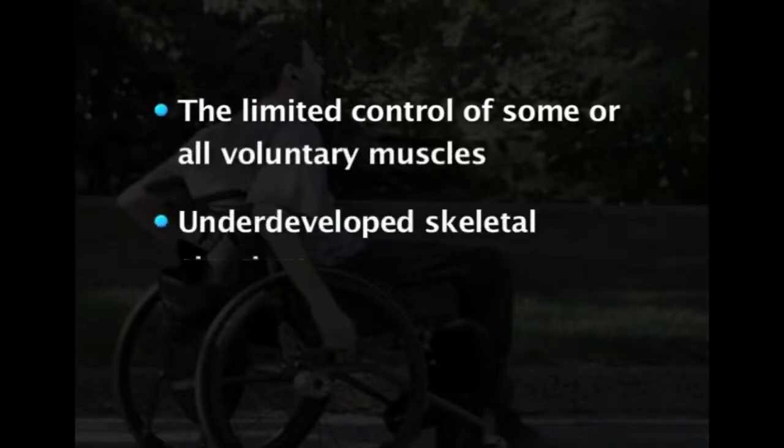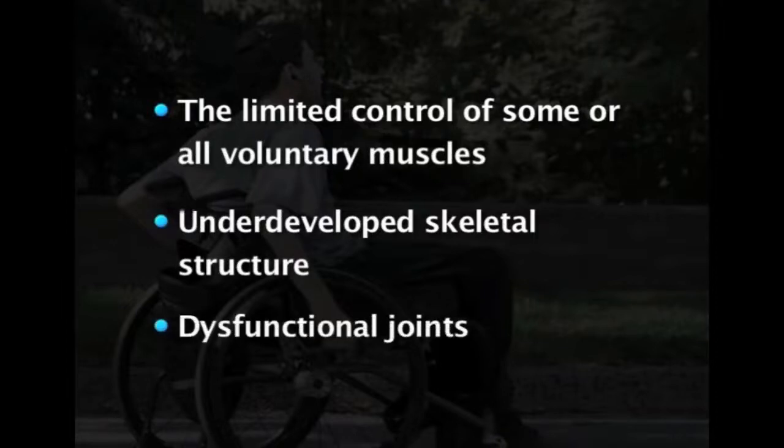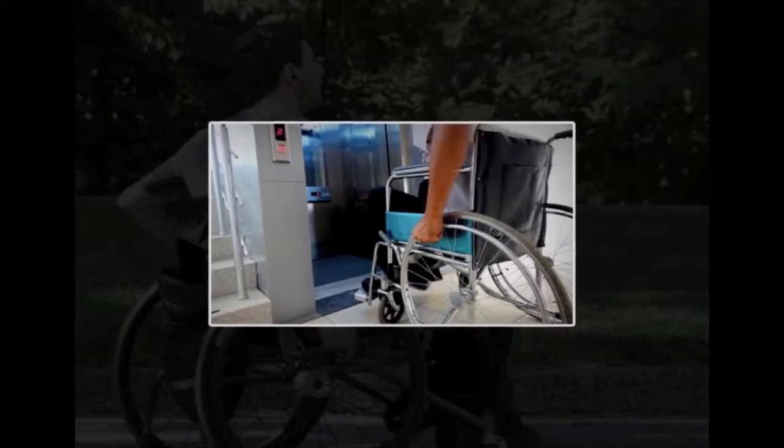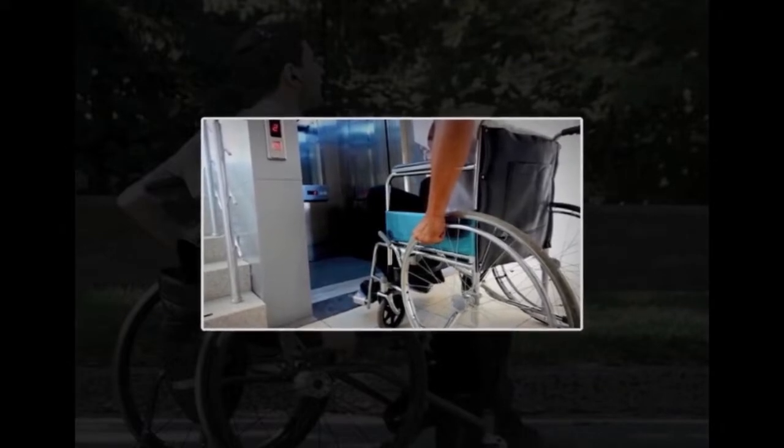Physical disability falls under these headings: the limited control of some or all voluntary muscles, underdeveloped skeletal structure and dysfunctional joints. A person with physical disability may require some assistance and the use of some sort of equipment to aid mobility. Orthopedic impairment can severely affect a child's educational performance.